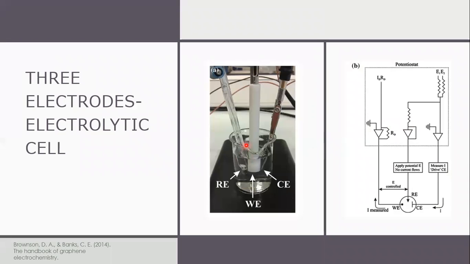So this is again the three electrode system electrolytic cell and its equivalent circuit. And like I said earlier, the potential across the reference electrode and working electrode is kept controlled to minimize the interference or to minimize the ohmic drop.